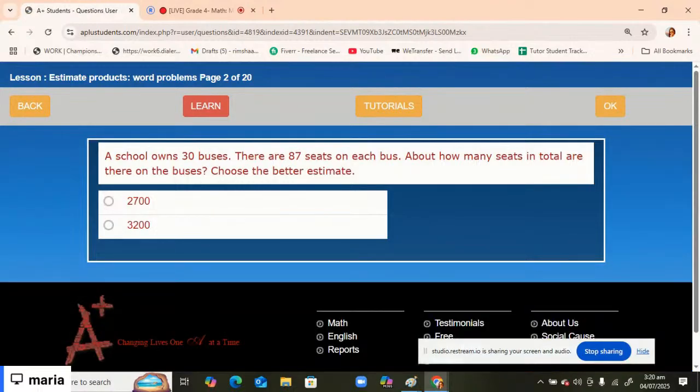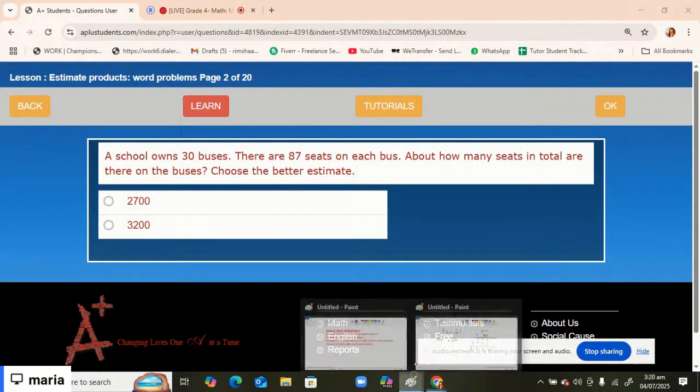Now solve this one. A school owns 30 buses. There are 87 seats on each bus. So how many seats in total are there on the buses? Choose the better estimate. 30 times 87.